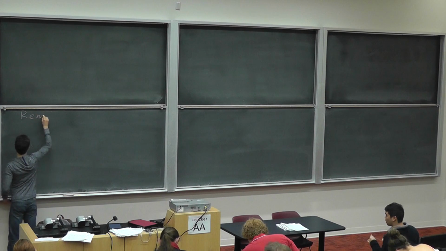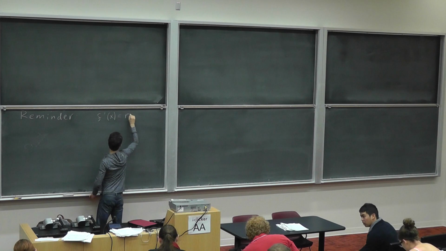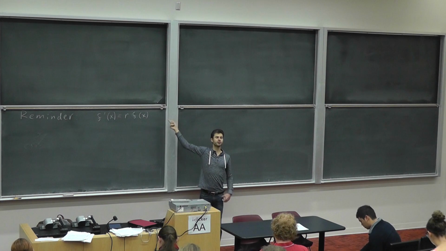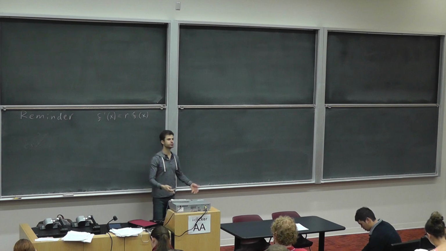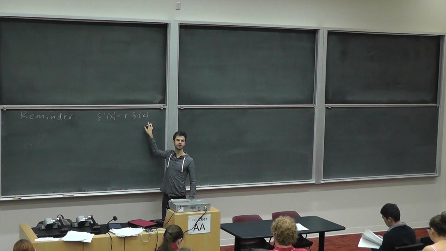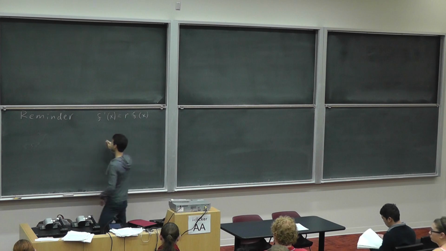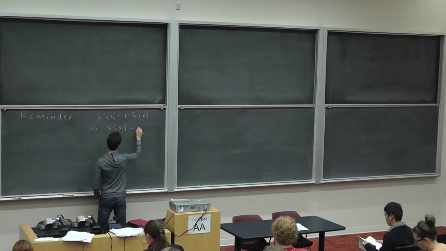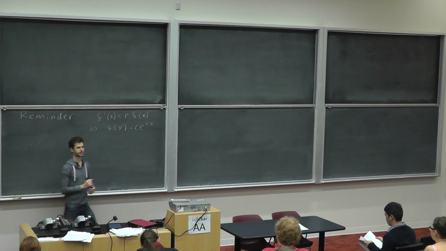Reminder. Whenever you want to solve such an equation, where the derivative of a function, or the rate of change of some quantity, is proportional to the quantity itself, so it's some number r multiplied by the quantity itself, the answer is going to be e to the power r times x, multiplied by some constant.